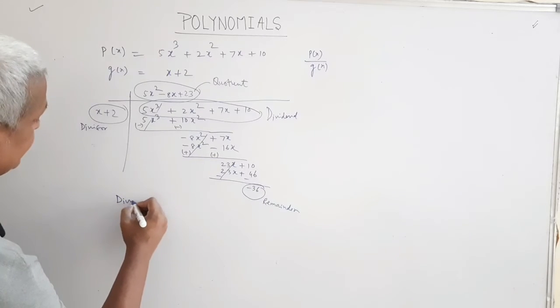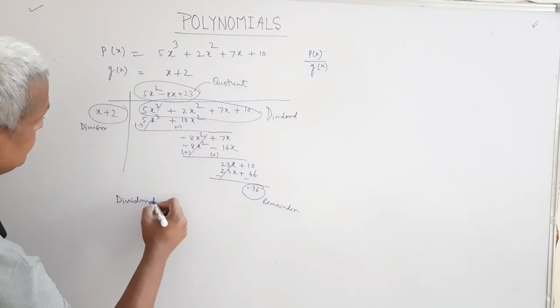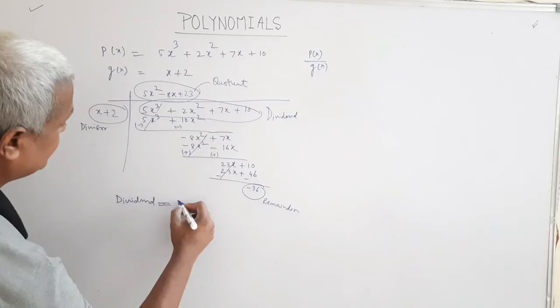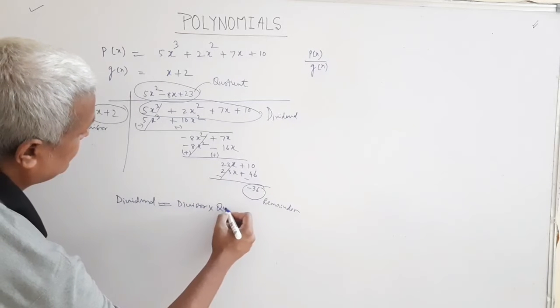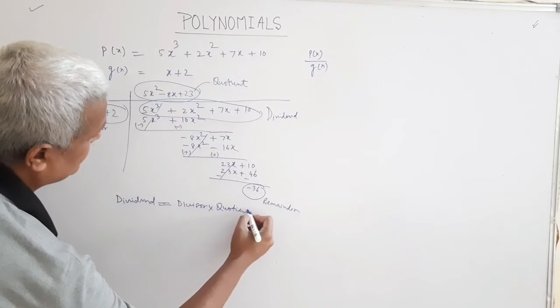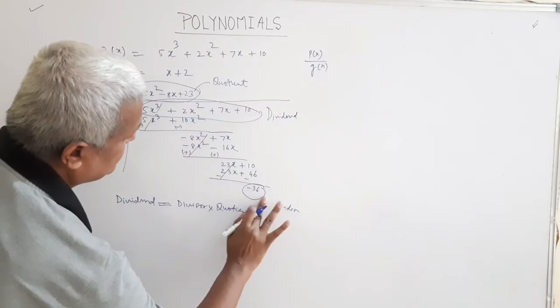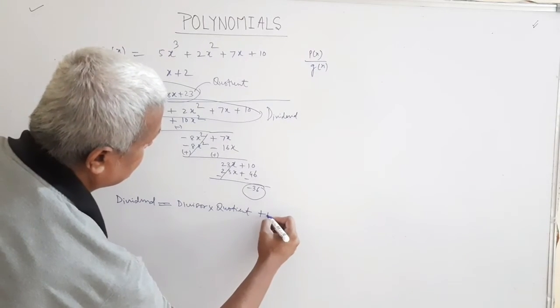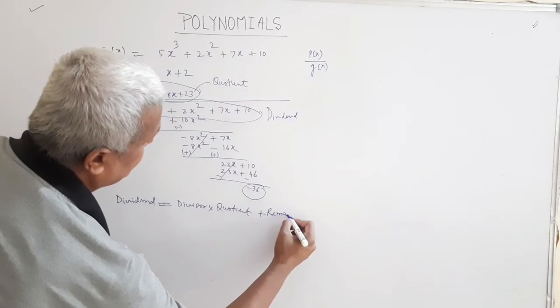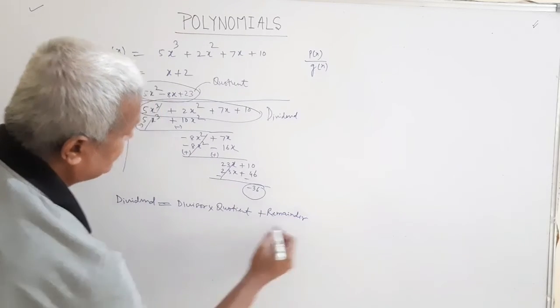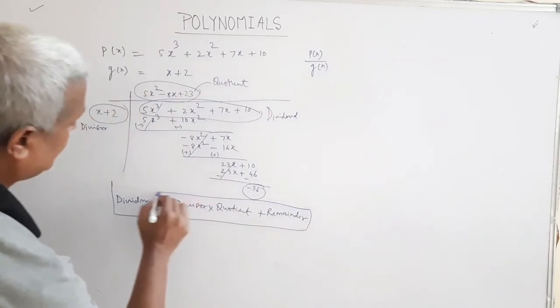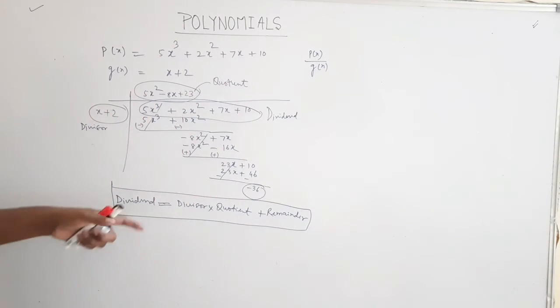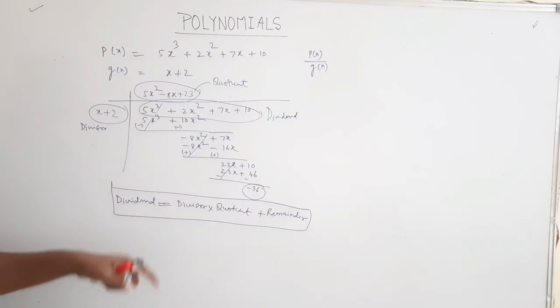So dividend equals divisor into quotient plus remainder. This is called the division algorithm. Numerically and algebraically, you find this is always true.